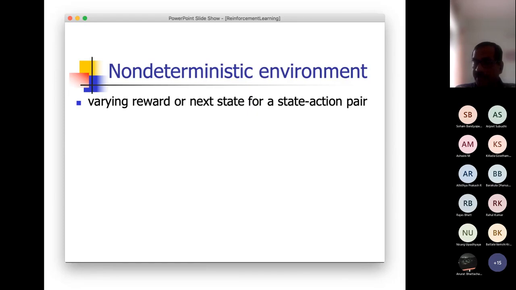So you are keeping the running average of prospective reward at every state action pair and using the same update rule, which is basically a weighted average. That means take the difference between the reward received and the previous running average.